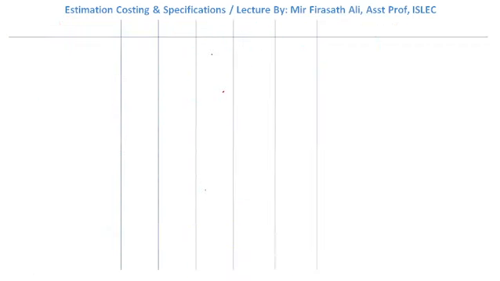So now again we need to fill the particulars. The first one is particular, numbers, length, breadth, height, quantity and remarks.